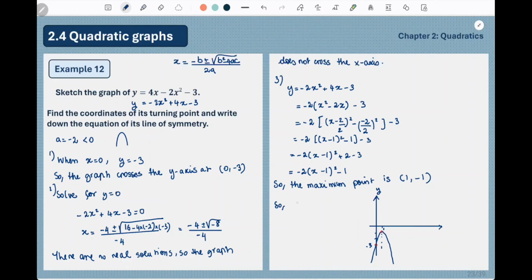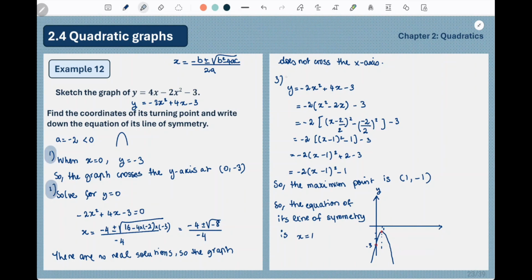So the equation of its line of symmetry is x equal to 1.